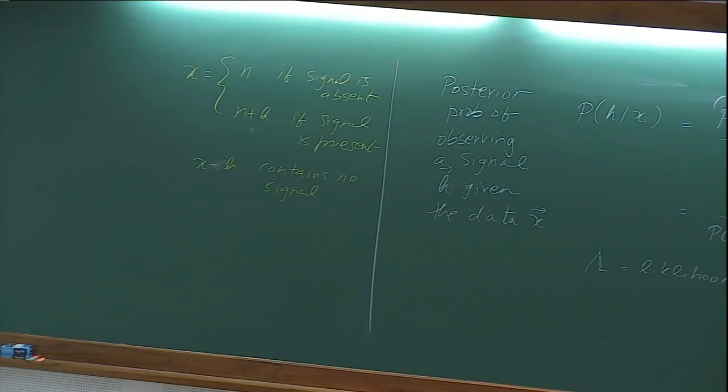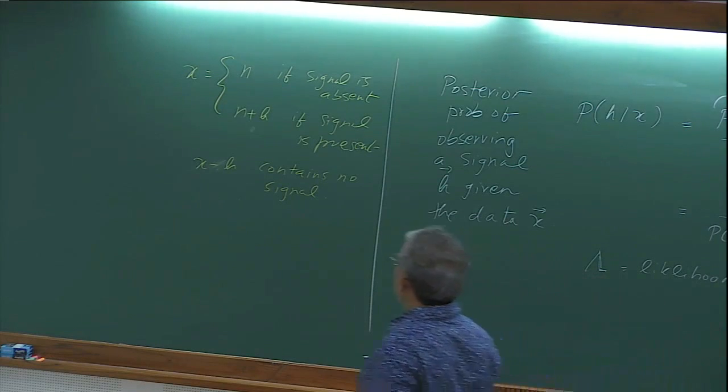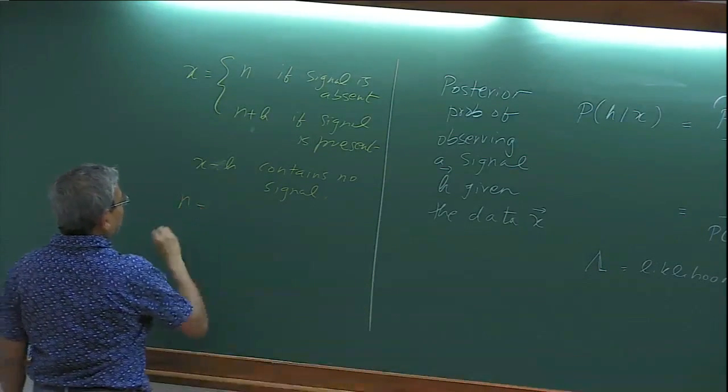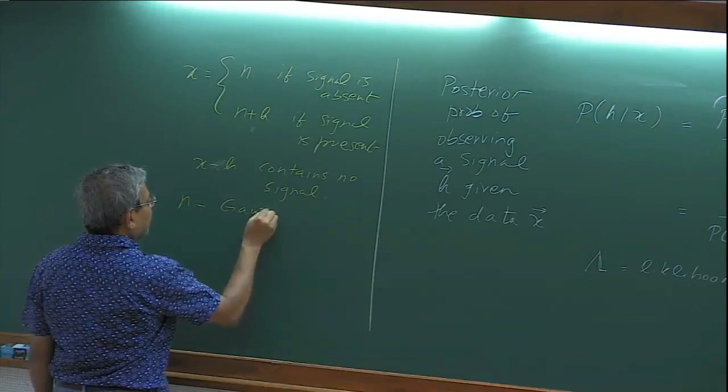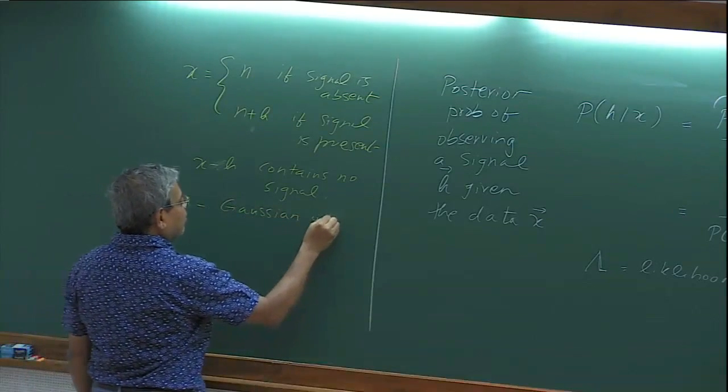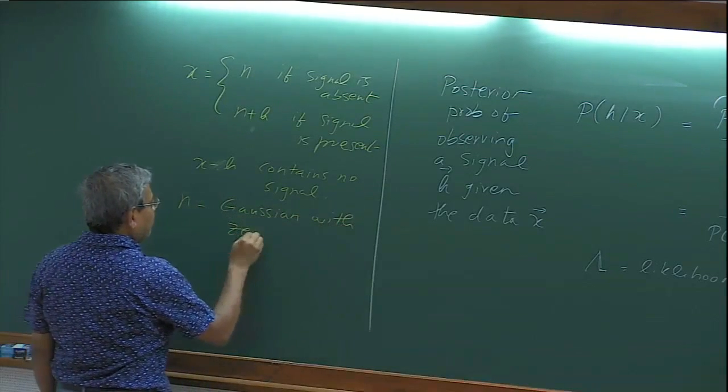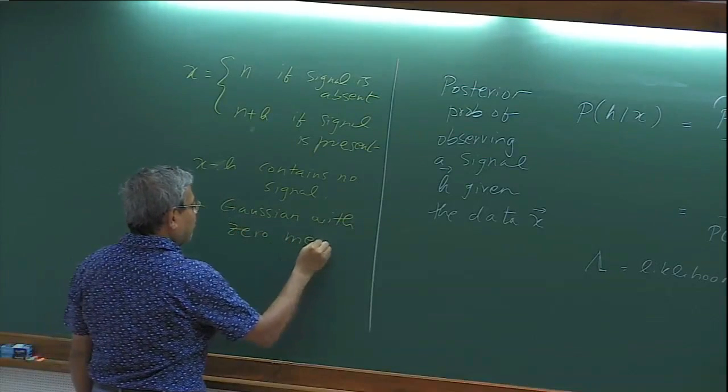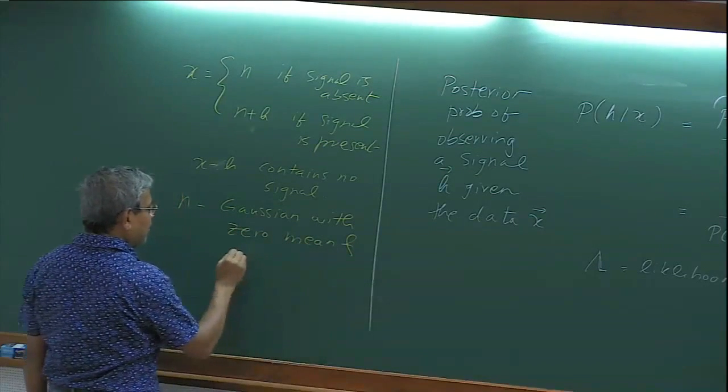So let's just compute P of x given 0. Now, we made the assumption that noise n is Gaussian with 0 mean and some sigma.